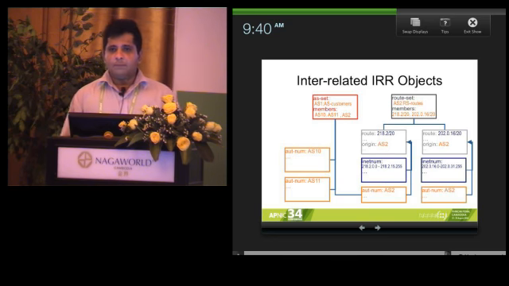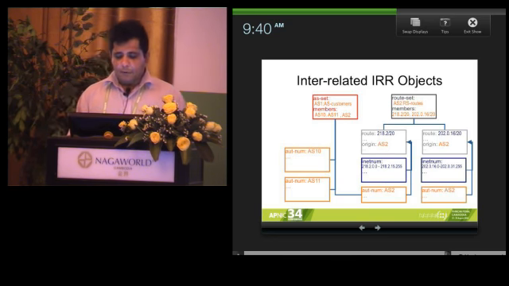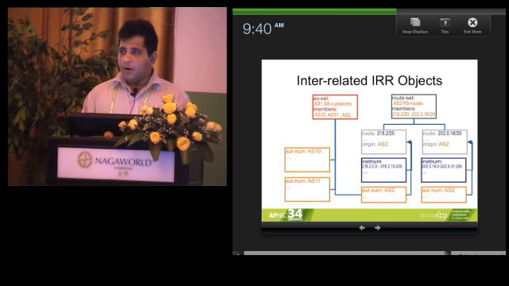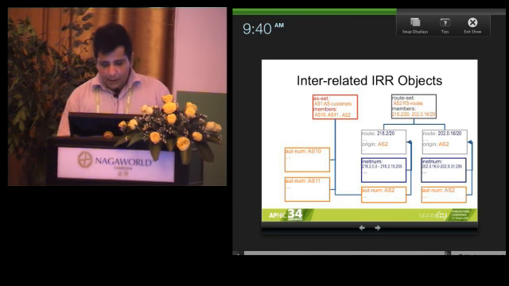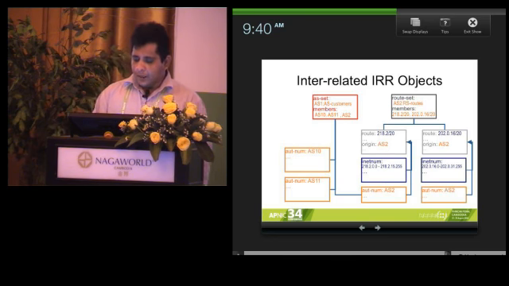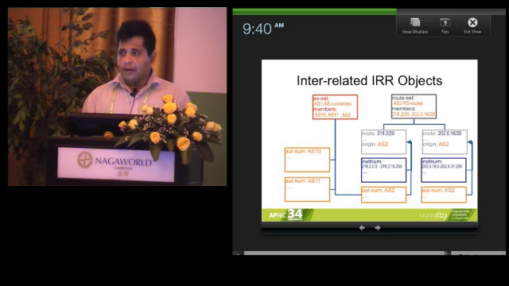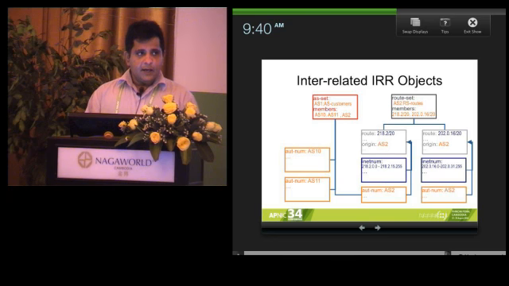There should be route objects originating from AS2, because these are prefixes originating from that autonomous system, so you have the origin attribute as AS2. And that refers to the inetnum object. There are two prefixes here, so there are two inetnum objects which are originating from AS2. So this is again more relationships between these objects.